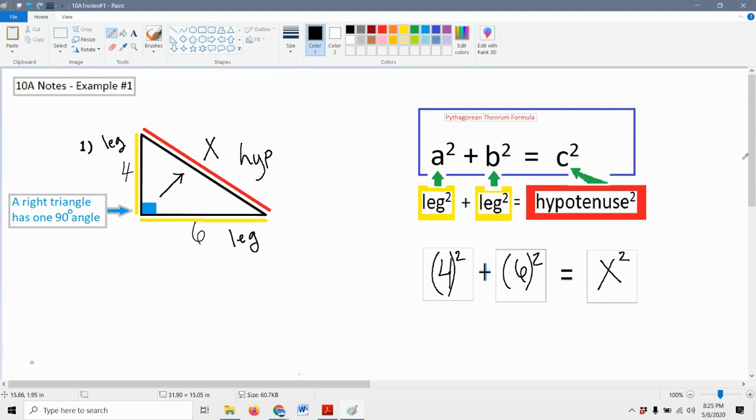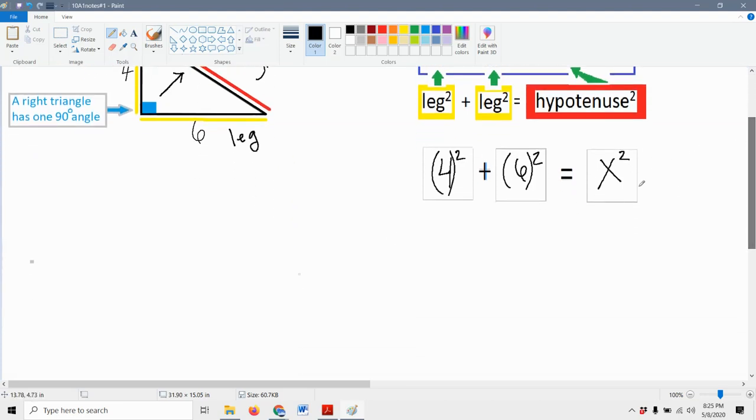At this point, how do we solve for x? We want to simplify this side. What's 4 squared? It's 4 times 4, or 16.